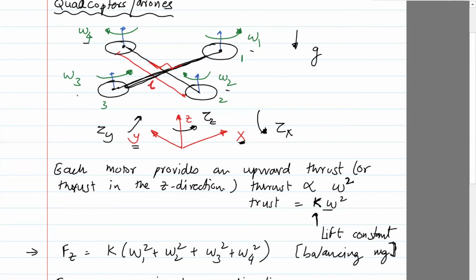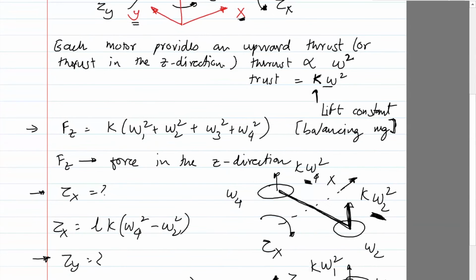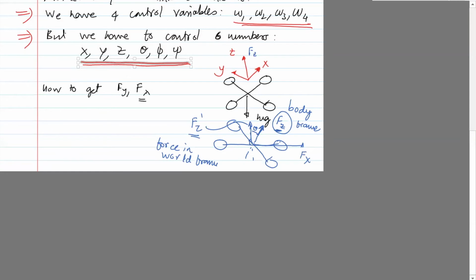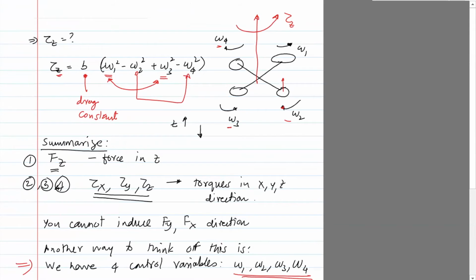Because of the way they are configured to spin, we have four external forces or torques on the system. There is a thrust force which keeps the quadcopter flying in the air and balances the force due to gravity. Then there is torque about the x-axis and torque about the y-axis, which help the robot pitch about the x and y axes. And the fourth one is tau z, which helps the quadcopter spin about the z-axis.